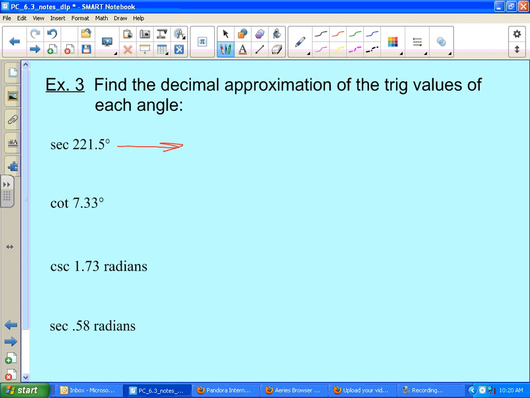The way I remember it, and you can think this is just kind of lame, I don't care. But here's how I remember it. So, sine, cosine.